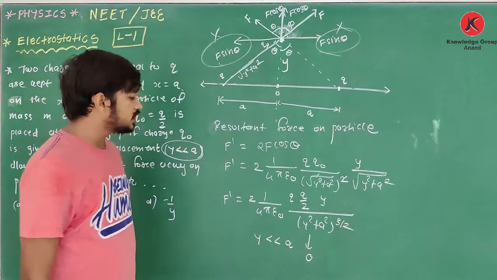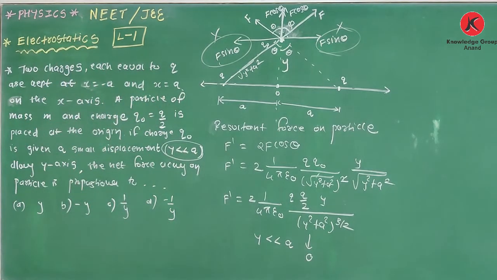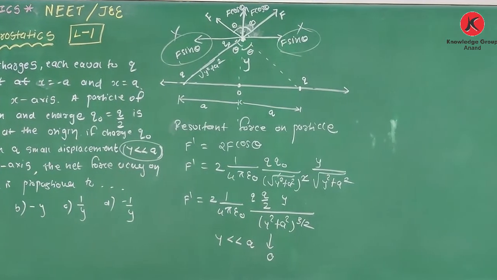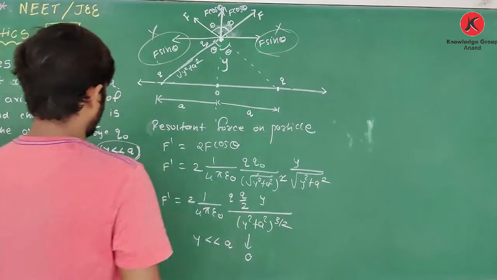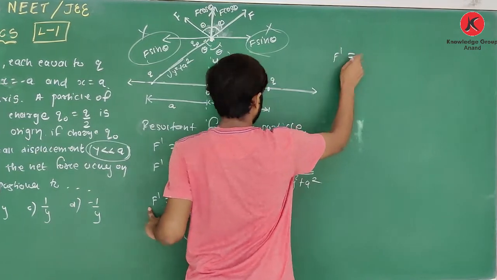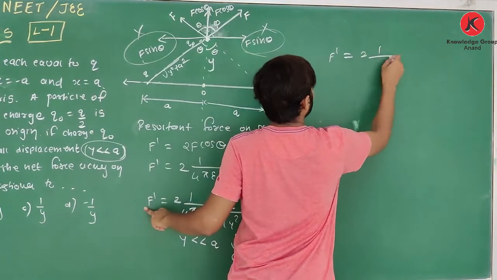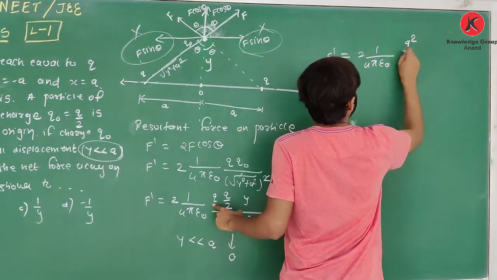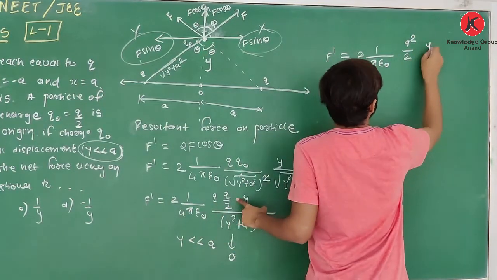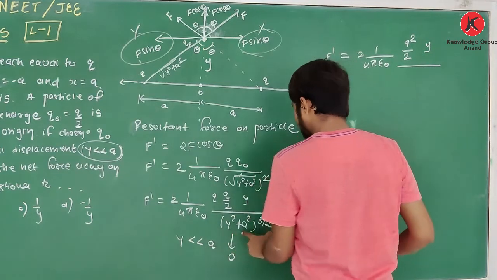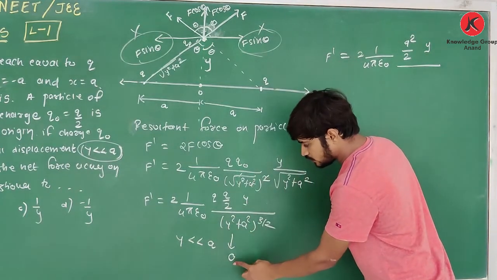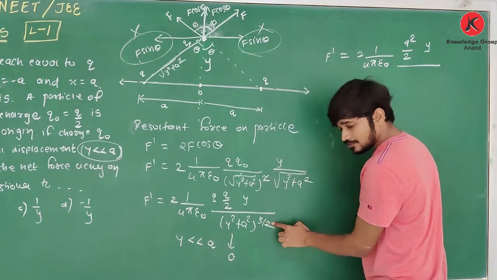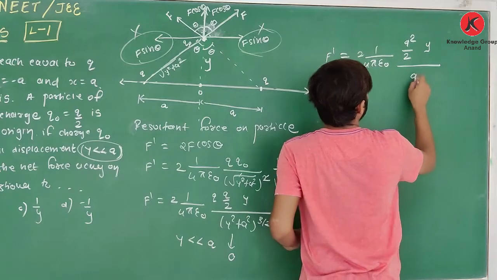So this equation reduces to: F dash equals 2 times 1 upon 4 pi epsilon 0 times Q squared upon 2, times y, and in the denominator only y squared is taken as 0, so it is a squared raised to 3 by 2, that is a cubed. Okay, cancel.